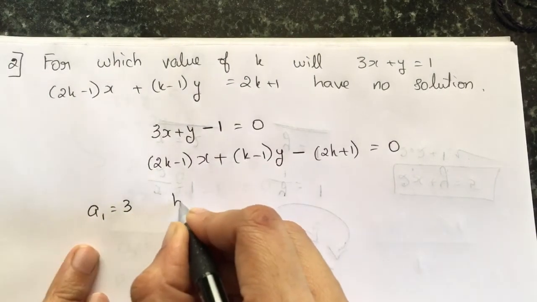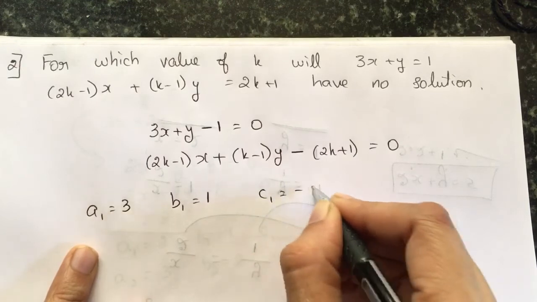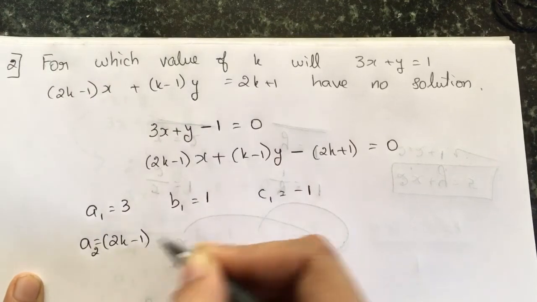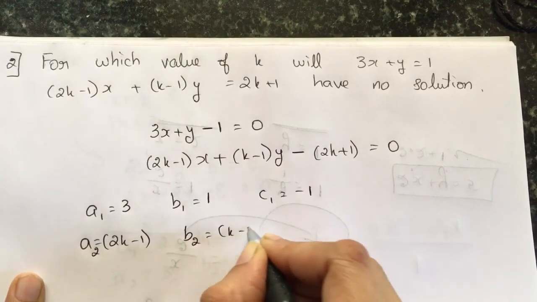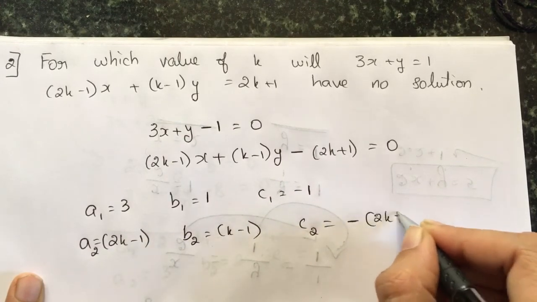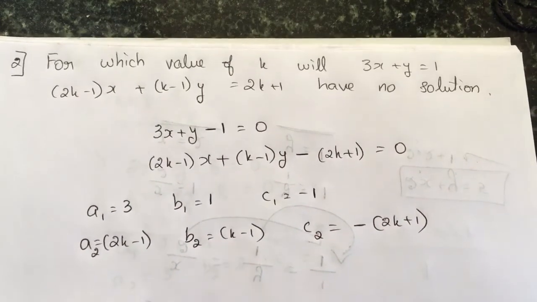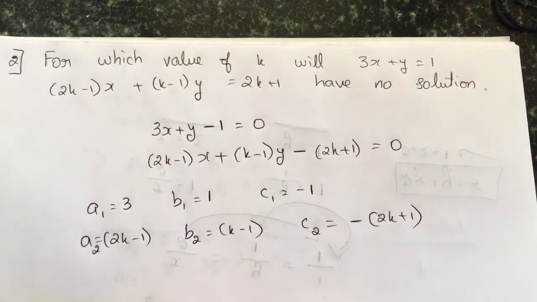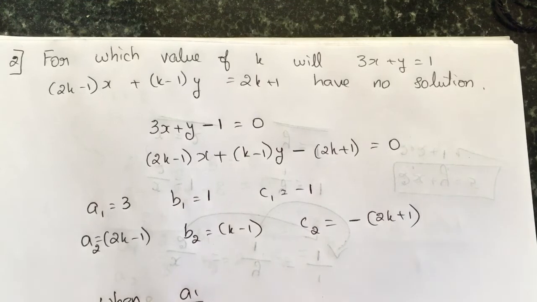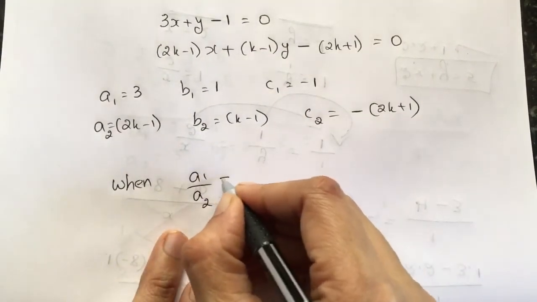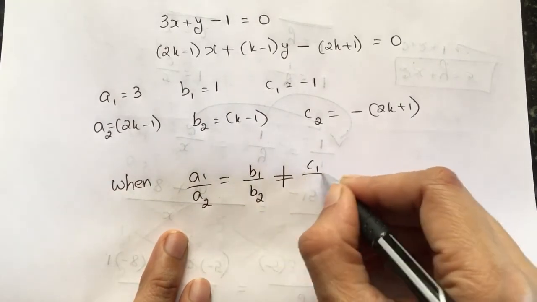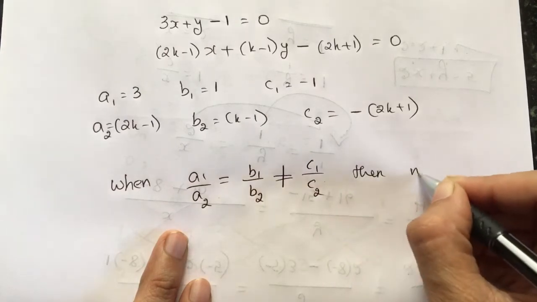It is 3, b1 is 1, c1 is minus 1, and a2 is 2k minus 1, b2 is k minus 1, and c2 is minus 2k plus 1. Now, no solution means when a1 by a2 is equal to b1 by b2, but it is not equal to c1 by c2.